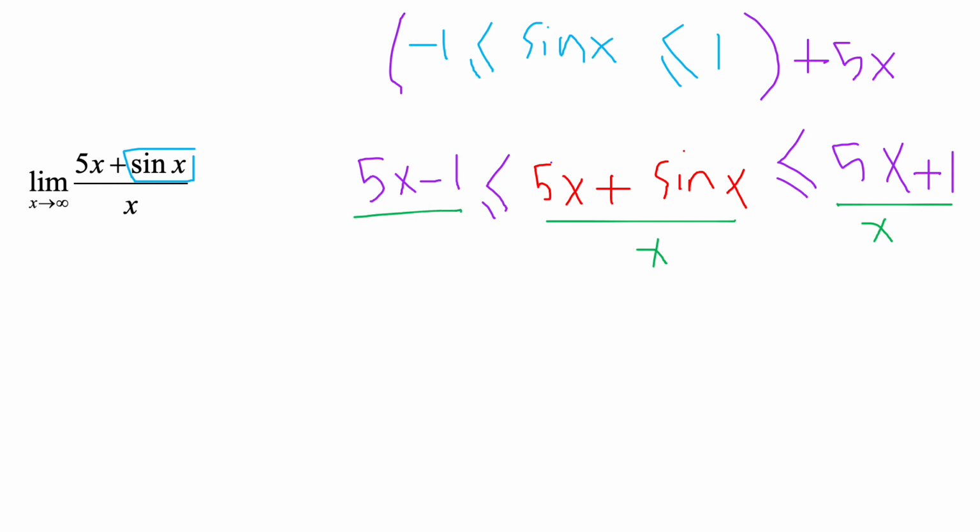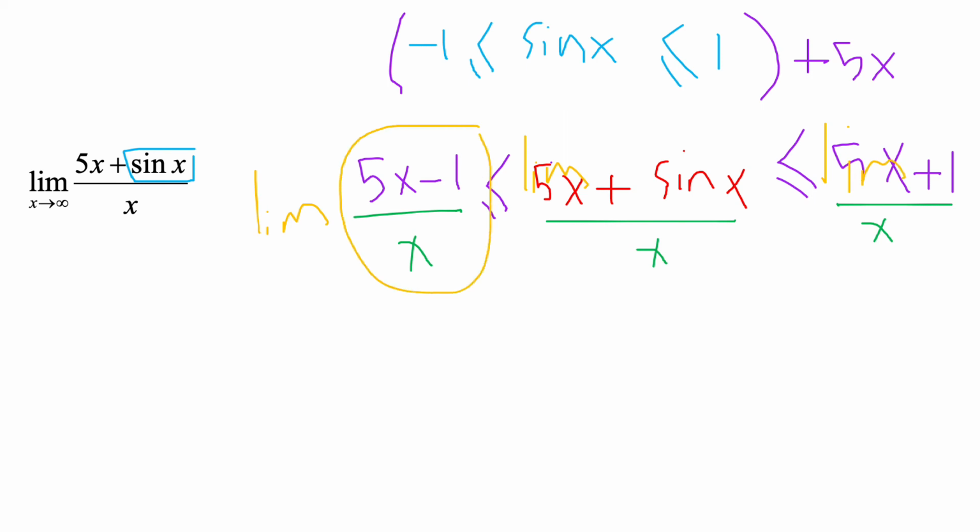So when I divide all by x, and at the same time I take the limit for all sides. So when I take the limit for all sides here, I will get this limit.